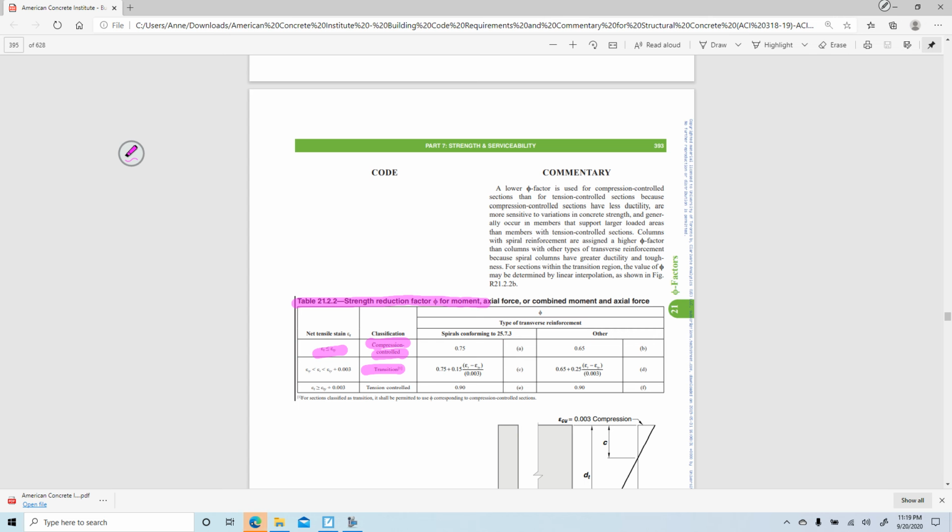Otherwise, I'm tension controlled, or if it's greater than yield plus 0.003, I'm tension controlled. If you're in the middle, you get to interpolate. This phi factor breaks it up by what kind of transverse reinforcement you have.